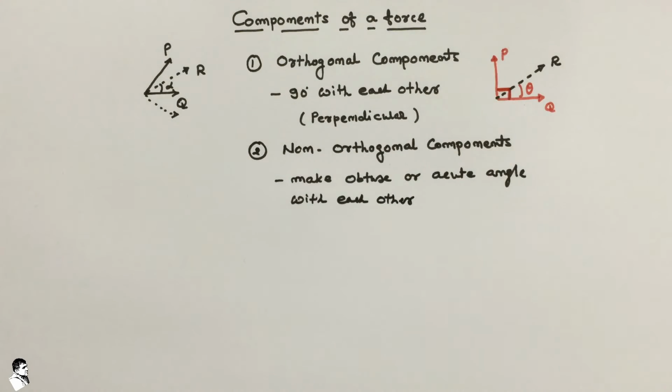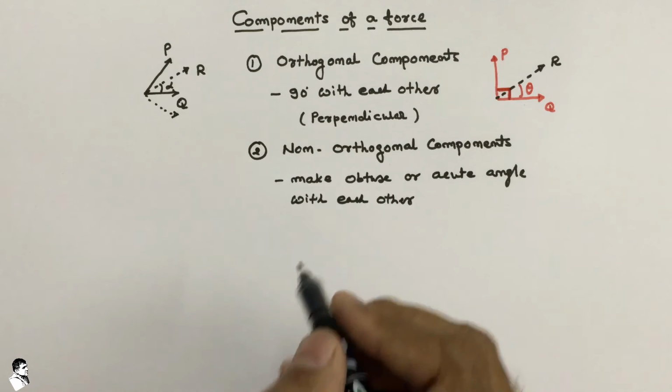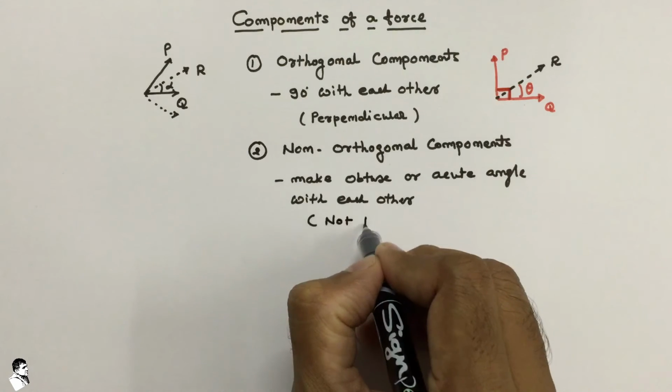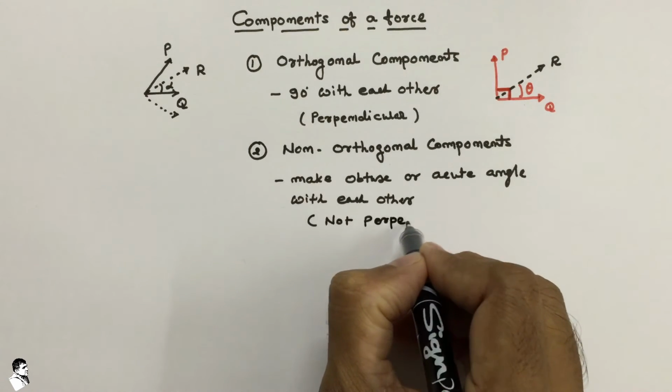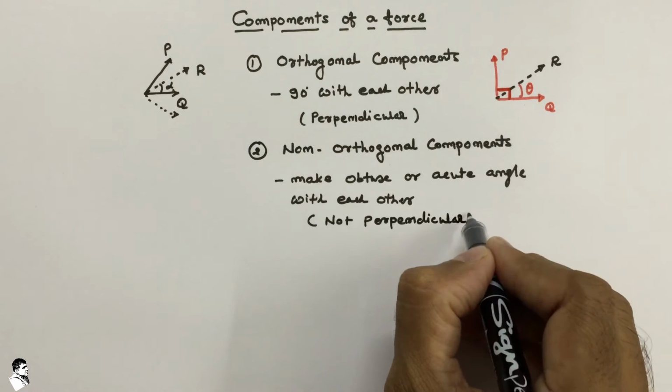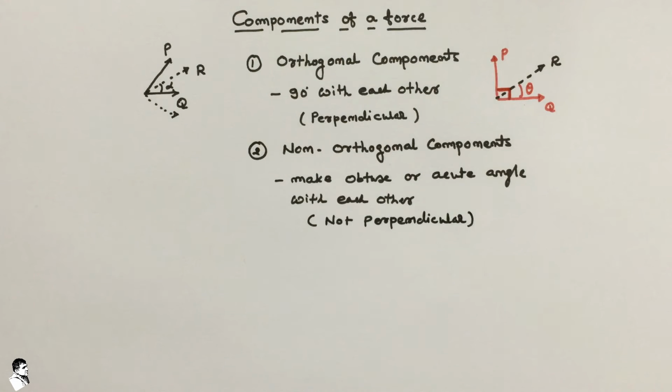The meaning of that is, maybe it will make an angle more than 90-degree or less than 90-degree. So you can also say that they are not perpendicular to each other.